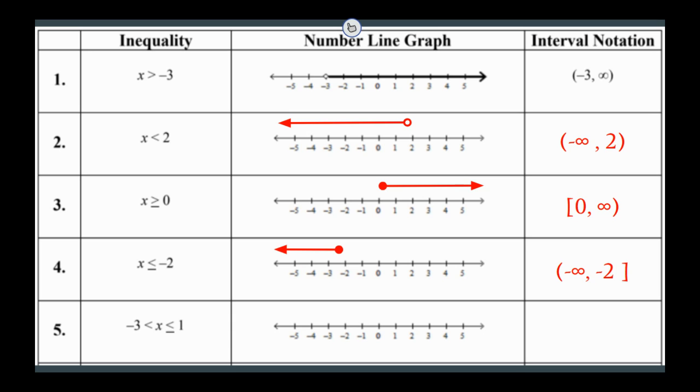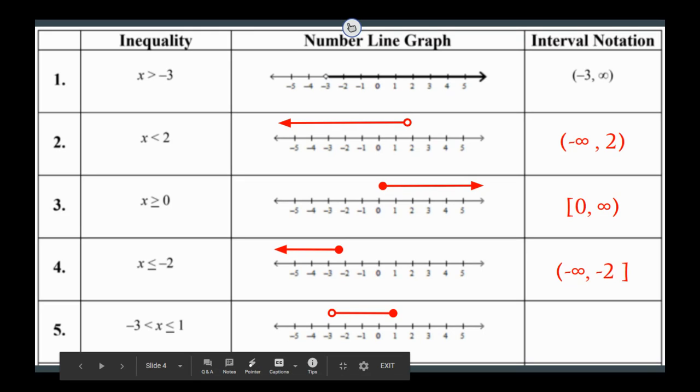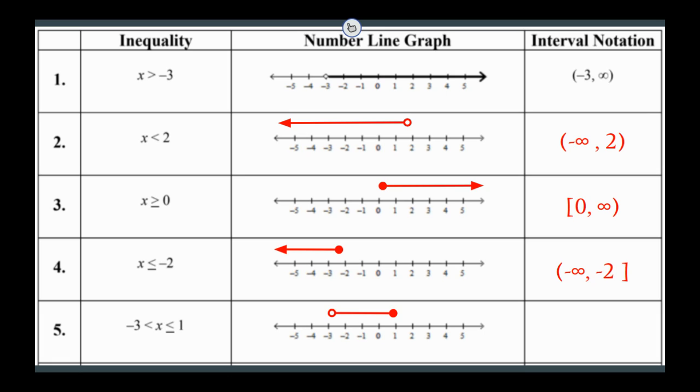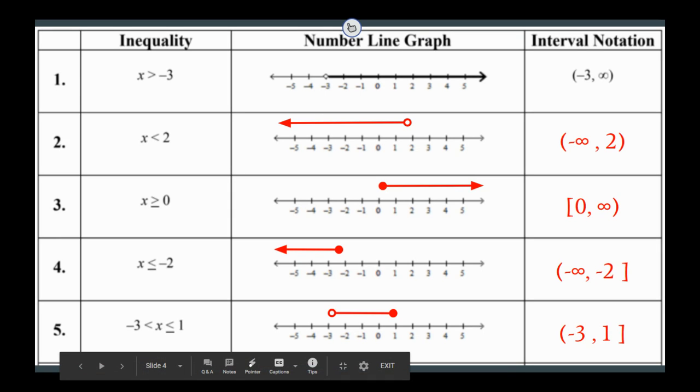Okay, for number 5, we have x is greater than -3 and less than or equal to 1. So we're going to have an open circle at -3, a closed circle at 1, and your line is going to connect them in the middle. So our interval notation this time is going to look like a point, kind of. You're going to have a -3 with a parenthesis, so it's an open circle, comma, 1 with a bracket, because the 1 is included.